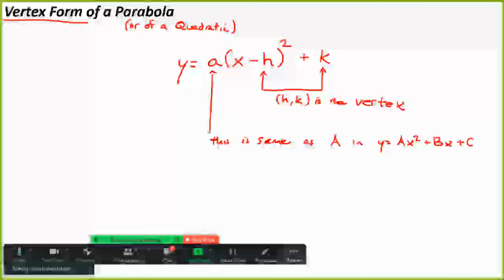And the A is telling you if it's upward facing. So if A is positive, then our parabola is going up, like the one we had in our example. If A is negative, it's facing down.